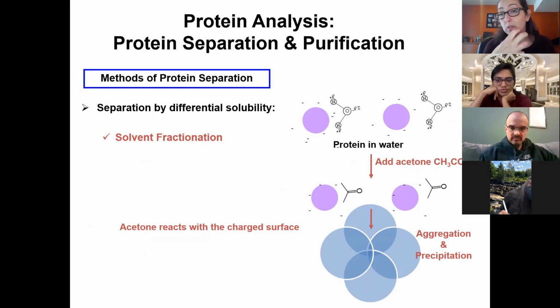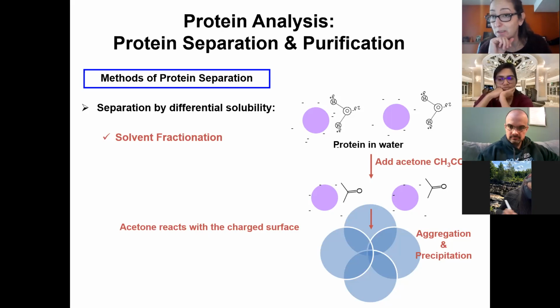So they're now, oh, there's acetone. I can just open up a little bit and interact with the acetone instead of interacting with the water anymore. So then the proteins now interact with each other via hydrophobic interactions because the hydrophobic groups are exposed now. So you can precipitate the protein that way.